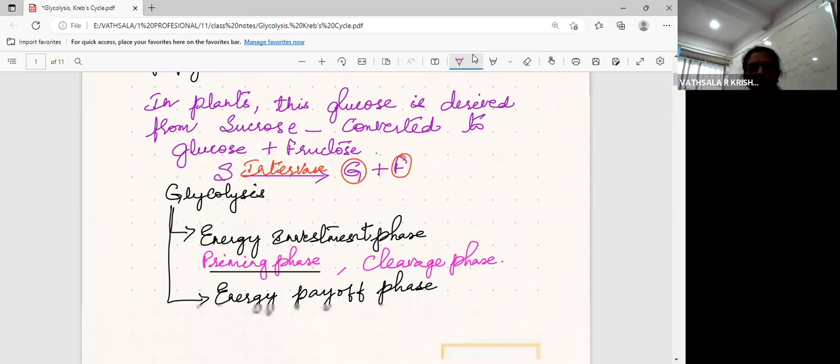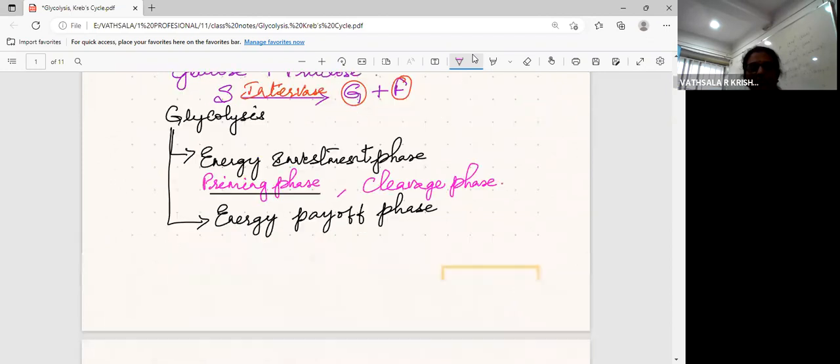Glycolysis has two phases: the investment phase and the payoff phase. Investment means you invest in something, like business: you first give the money.